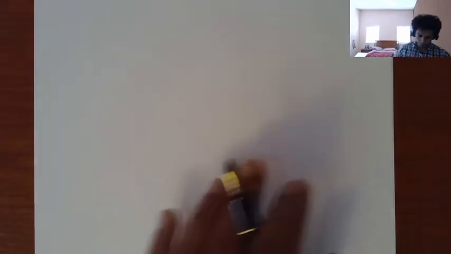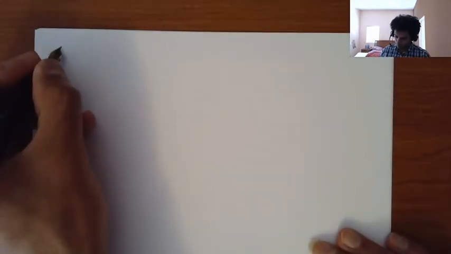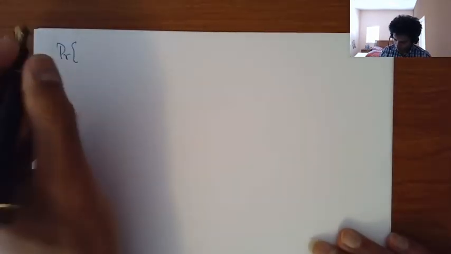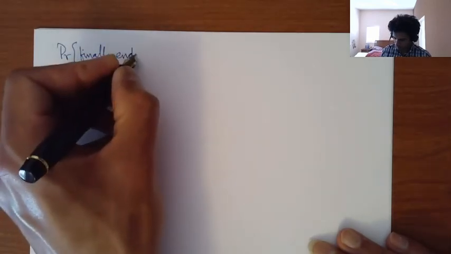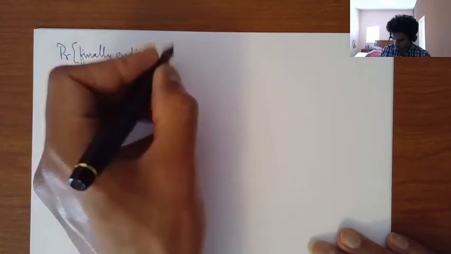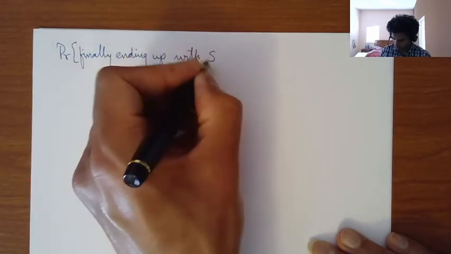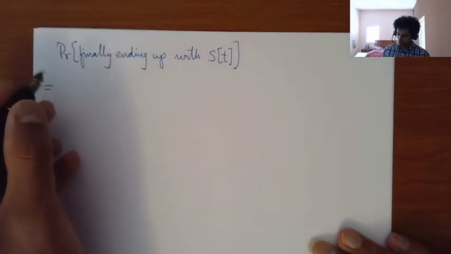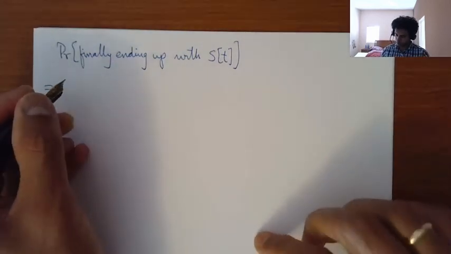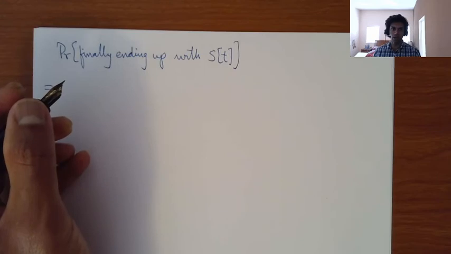So let's look at what is the probability of finally ending up with S of t. So this is the product of the following. Firstly, it doesn't matter what happened up to t steps.